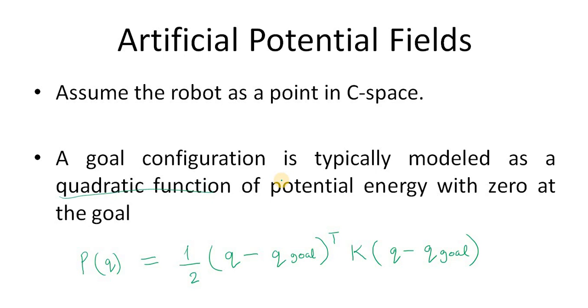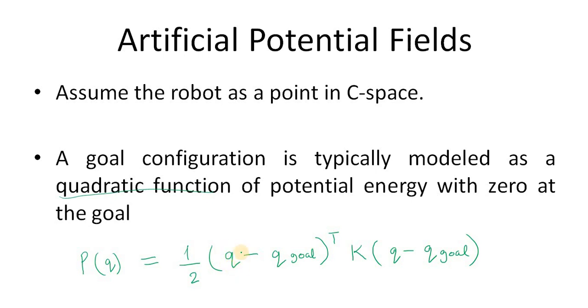This is similar to, if you remember, the previous slide for the gravitational potential, which was mgh: mass, gravity, into height. But that was not a quadratic function, whereas our virtual potential P is a quadratic function.